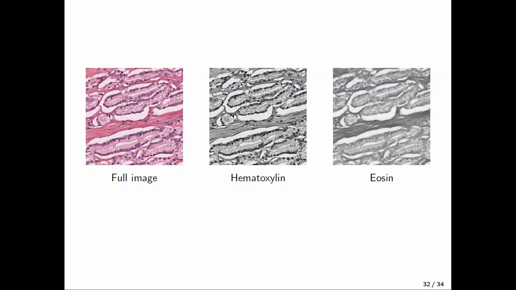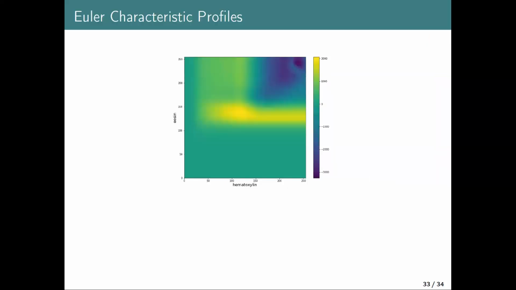So instead of doing an Euler characteristic curve, you can do an Euler characteristic profile, using these two color channels as the two parameters of your filtration. And you get these kinds of profiles. As you increase these color channels, the color scale shows the Euler characteristic here.